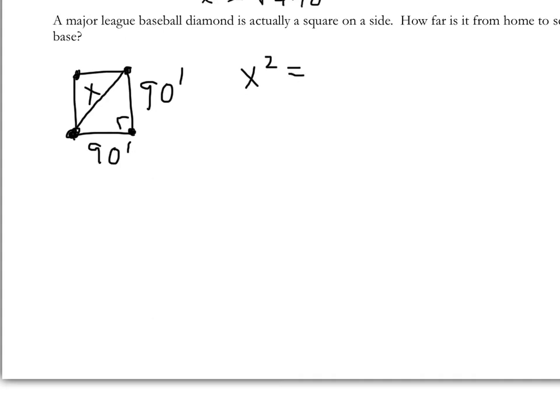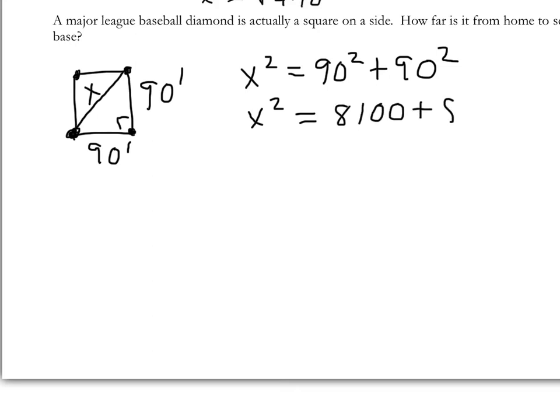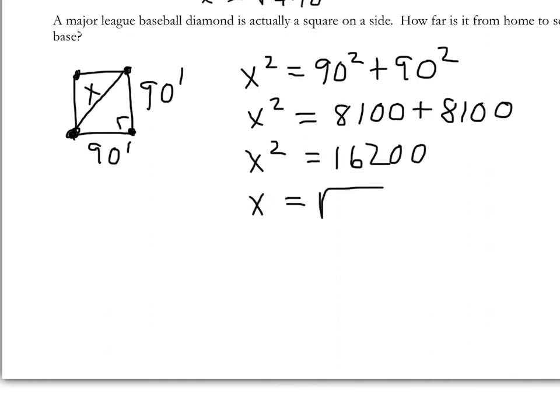X squared equals 90 squared plus 90 squared. X squared equals 8100 plus 8100. X squared equals 16200. What is x? The square root of 16200.